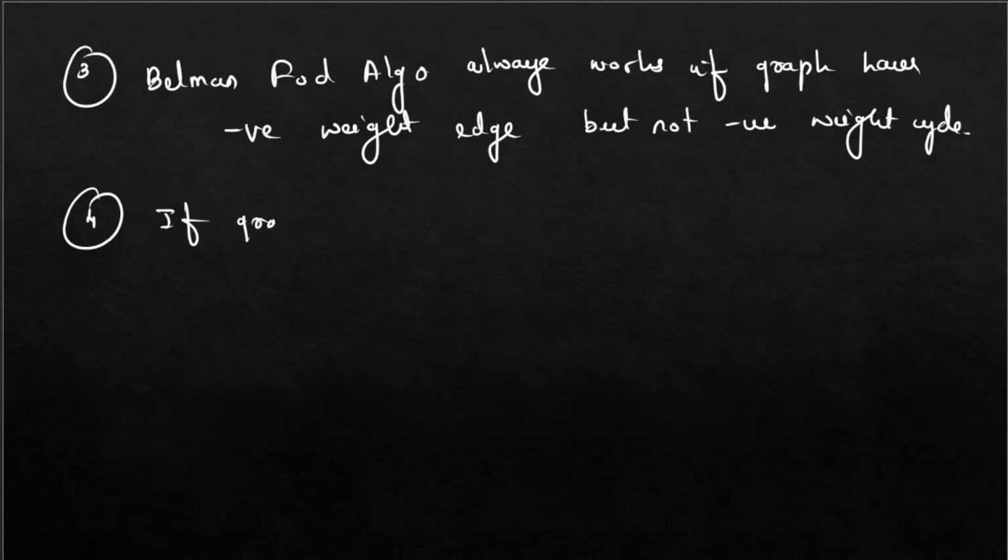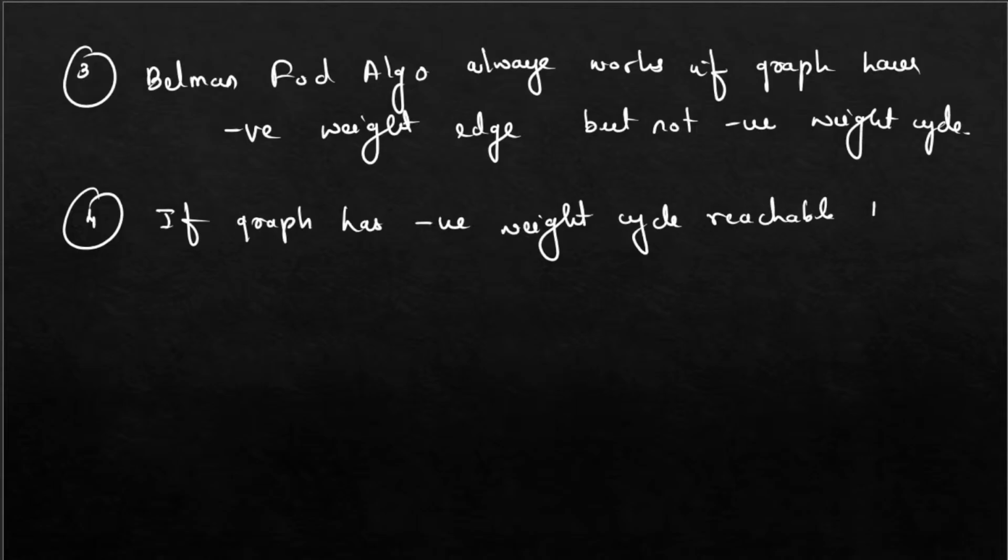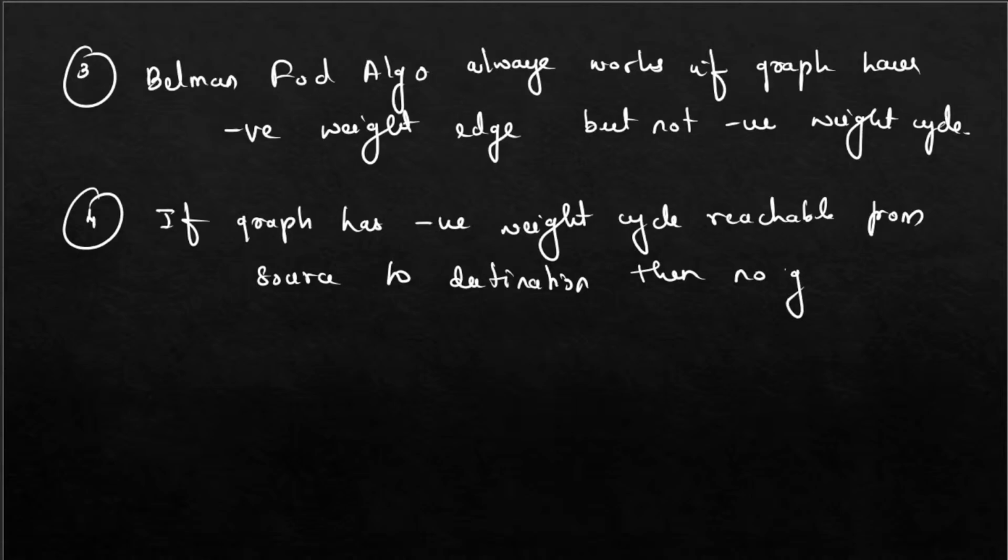If a graph has a negative weight cycle reachable from source to destination, then no algorithm works. Okay, in this case no algorithm works.